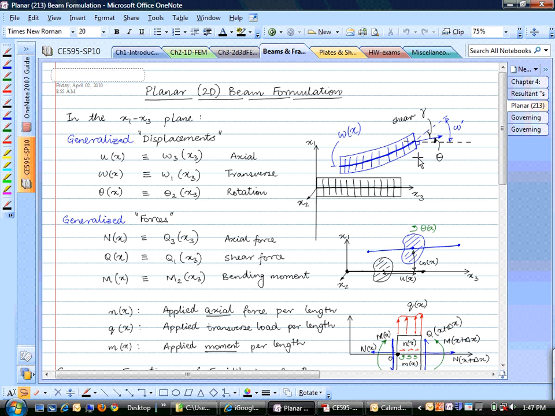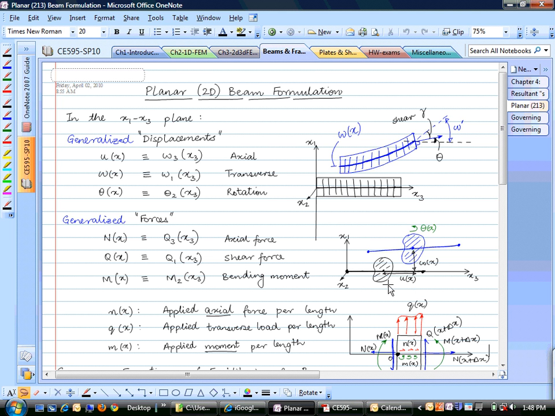Let's say I have a very long, very thin beam, is shear deformation important? For long, thin beams, it is not important. But if it's a short, deep beam, it can be very stocky, and in that case the shear deformation might be very important in comparison to the bending deformation. So that's what these two theories distinguish.